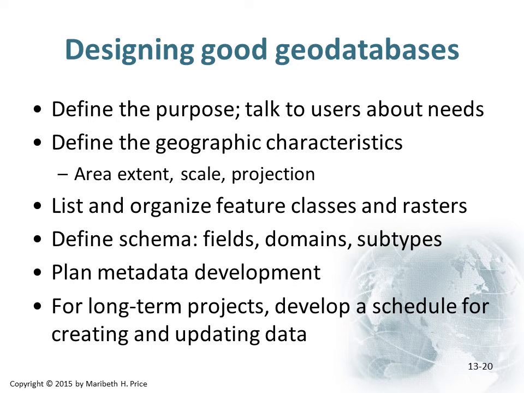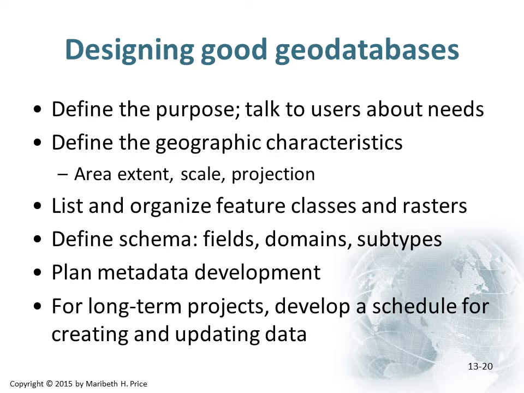Designing good geodatabases begins with defining the purpose. So you need to talk to your users about what they need and what they're trying to accomplish with the data that they have, and what data they have or anticipate having in the future. And you need to define the geographic characteristics like the area, extent, the scale, and the projection. And you want to list and organize feature classes and rasters so that they're easy to define.